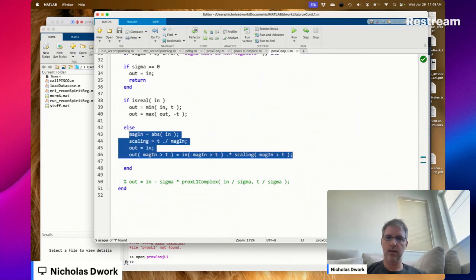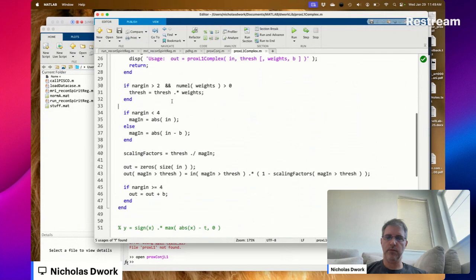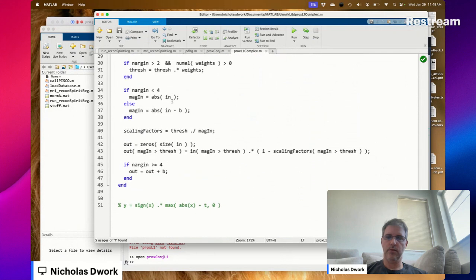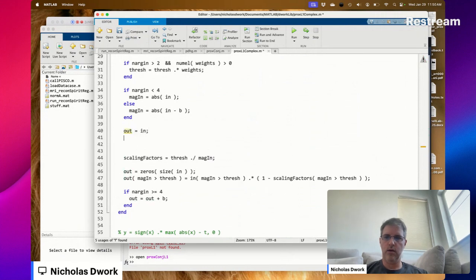See, this is closer. Just need to implement soft thresh for complex numbers.